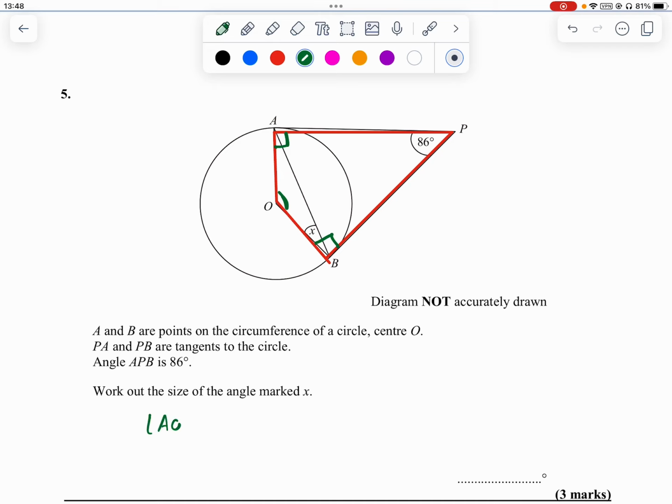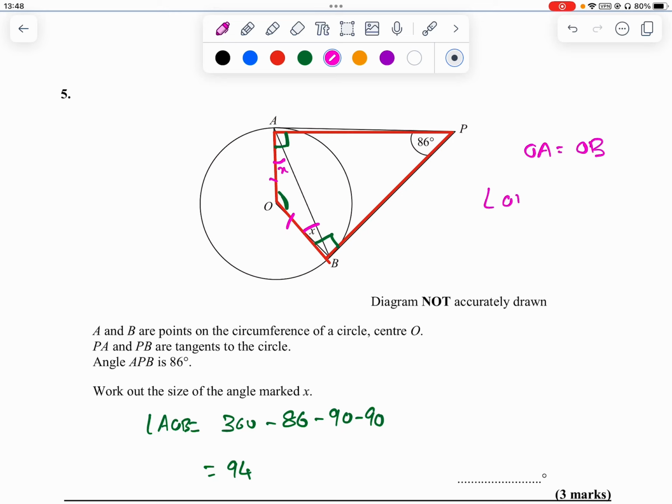So angle AOB equals 360, because it's a quadrilateral. Sum of all angles in a quadrilateral is 360, minus 86 minus 90 minus 90, which is 94. Now, if that small angle is x, the other angle also will become x, because the radii are equal, so OA equals OB.